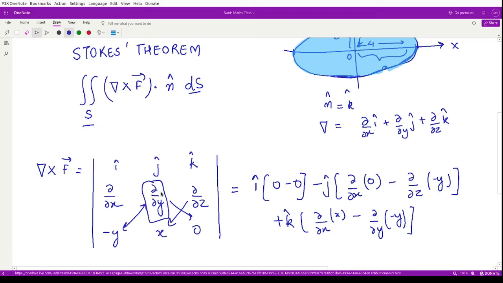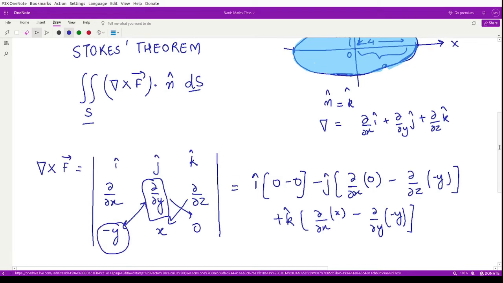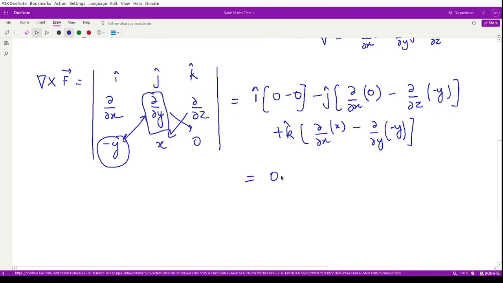So you have to apply this operator onto this given function. Now you see the component for the i vector is 0, the component for the j vector is also 0. For the k vector it is 1 plus 1, so that is 2 k cap. So you obtain del cross f vector as 2k cap.